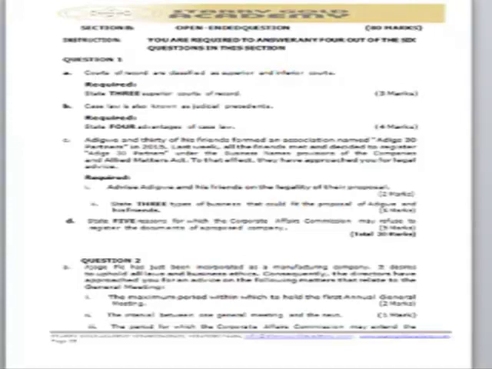Then the B aspect says state types of business that could fit the proposal of Adigwe and his friends. So this one is in form of advice. It depends on how the question looks, especially where a situation like this is being brought out.